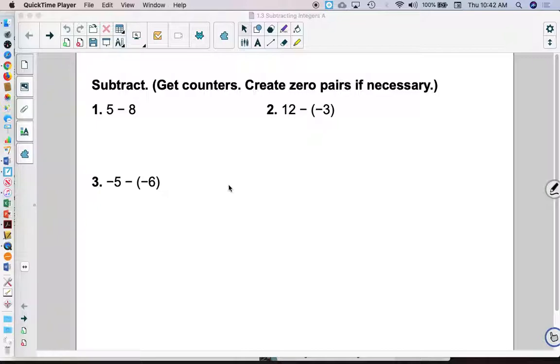Okay? So if I look at this, what color do I use first? 5 is positive, so I'm going to use either black or yellow.